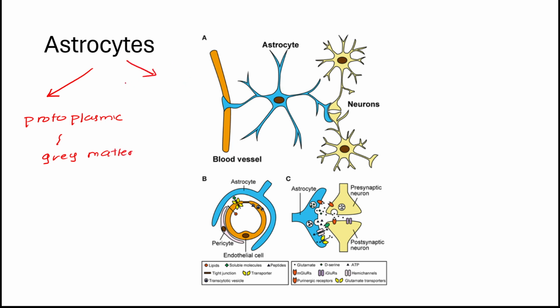The other type of the astrocytes is known as fibrous astrocyte, which is usually found within the white matter.